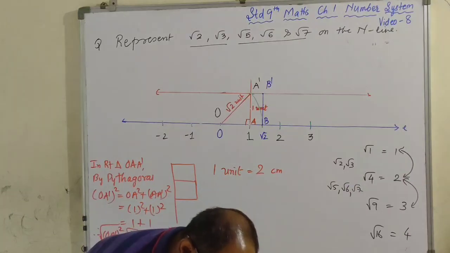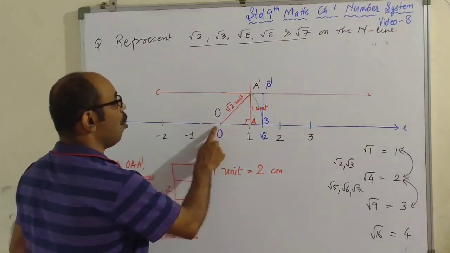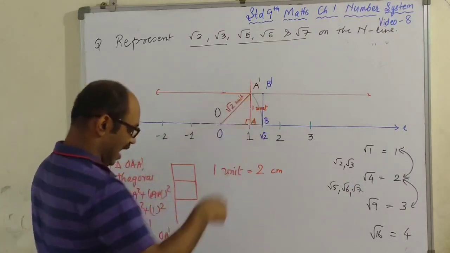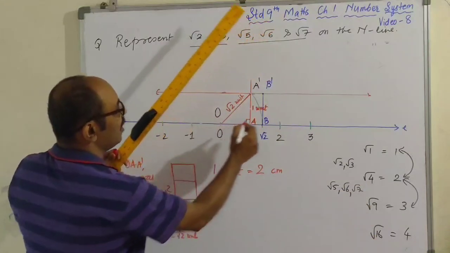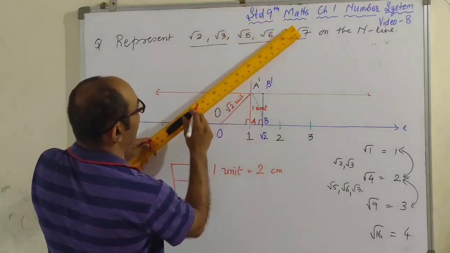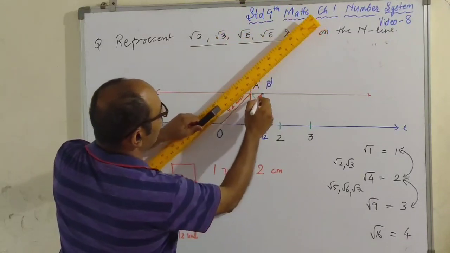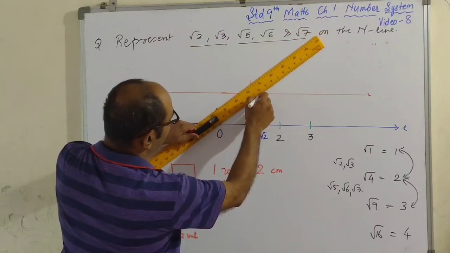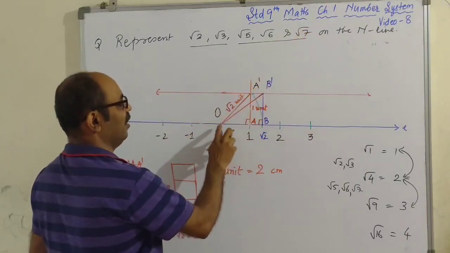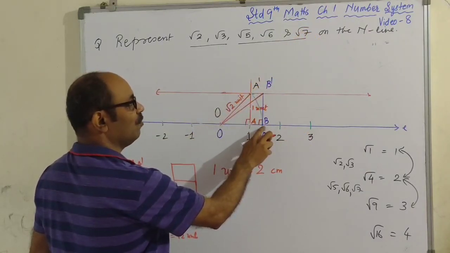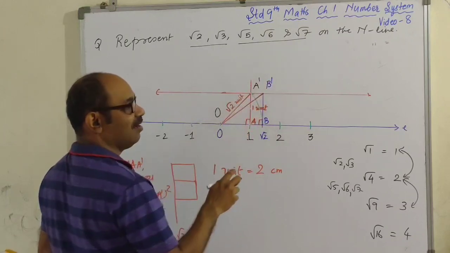Now look at that triangle OBB dash. Alright. I'll draw the hypotenuse. Don't forget this sign. It's very important. Alright. Now I draw line segment OB dash. How much will it be? OB is root 2. BB dash is 1.